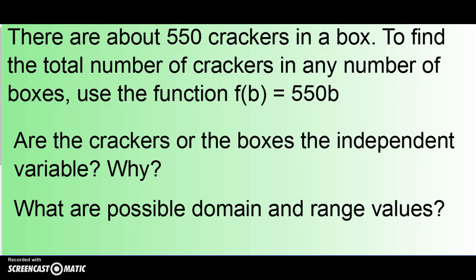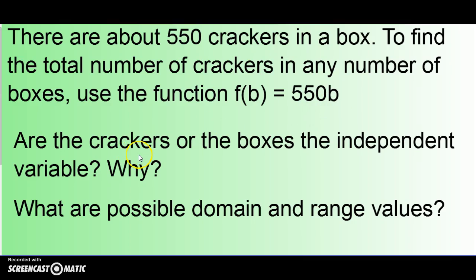All right. Now, getting back to the independent and dependent, you would say there are about 550 crackers in a box. To find the total number of crackers in any given number of boxes, the function would be how many boxes, how many crackers if there's 550 in each box.